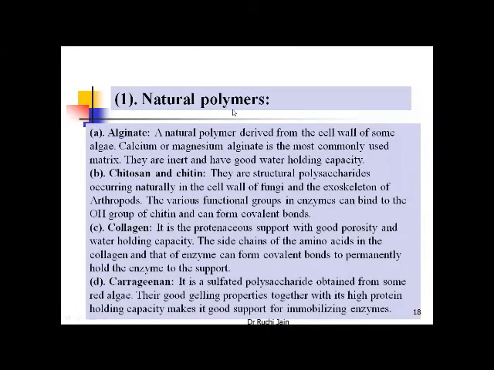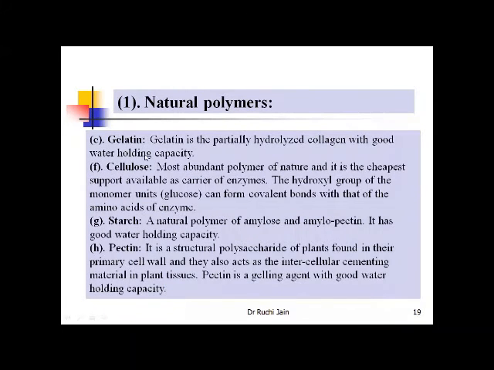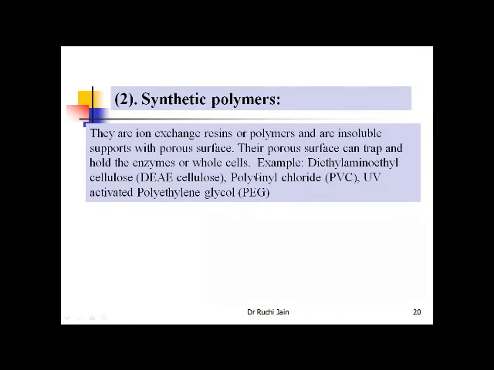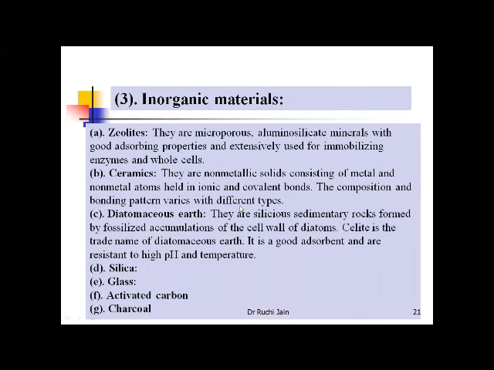There are some natural polymers like alginate, chitosan, chitin, collagen, carrageenan, gelatin, cellulose, starch, and pectins. In synthetic polymers, we have diethylaminoethyl cellulose, polyvinyl chloride, and UV activated polyethylene glycol.